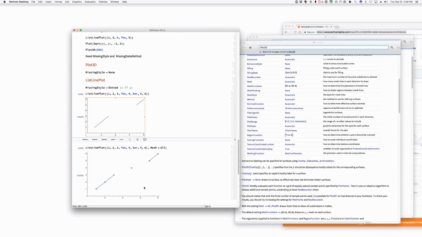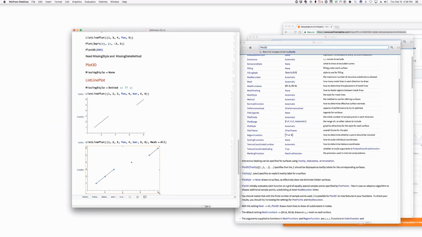Okay, so in the case where missing style is dotted, you have to go through that point. But the question is, do we have some way of indicating that that point is actually there? Sure, you'll see the break in the line.